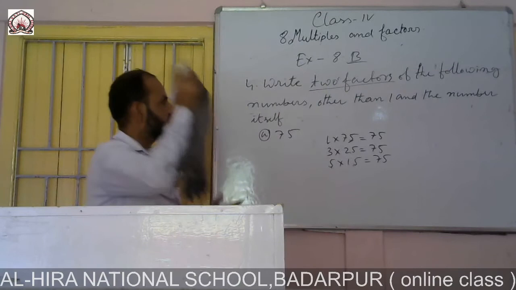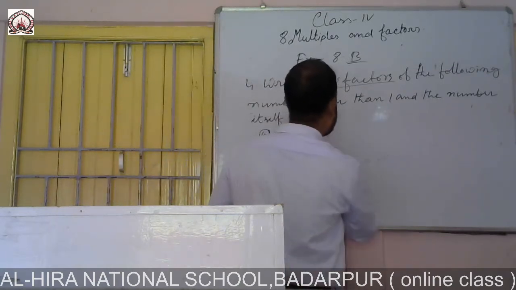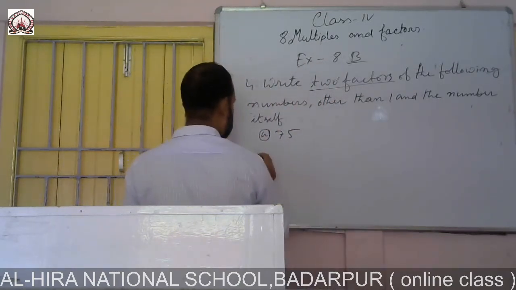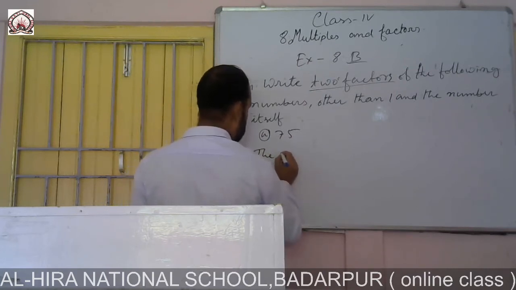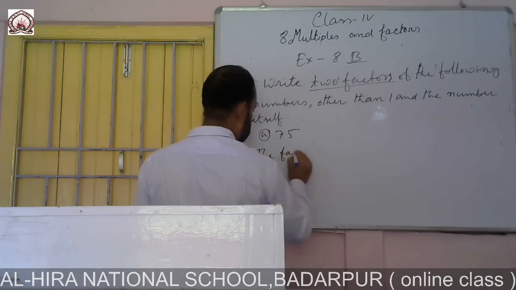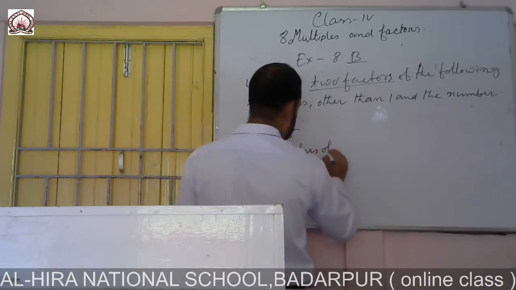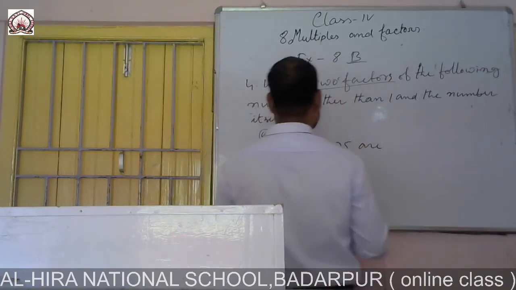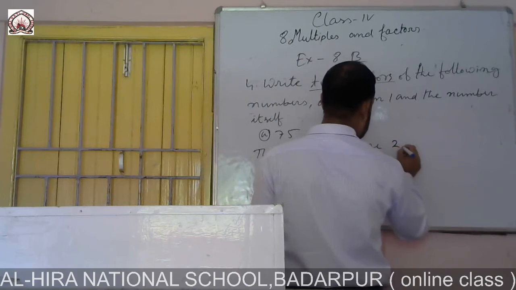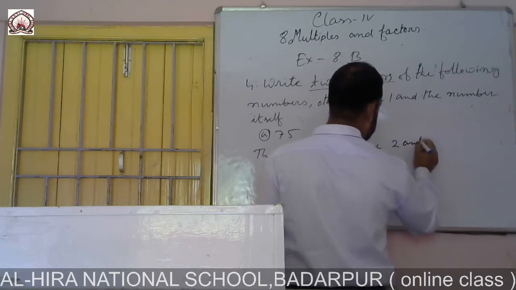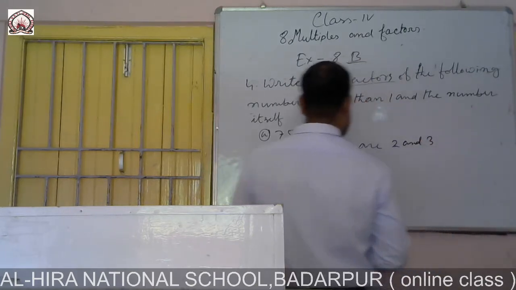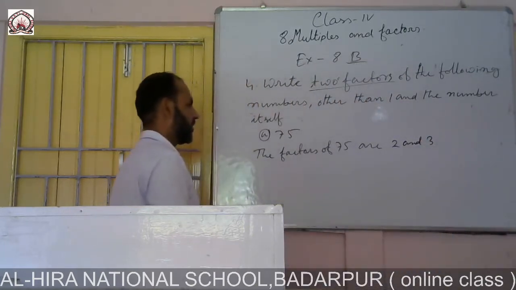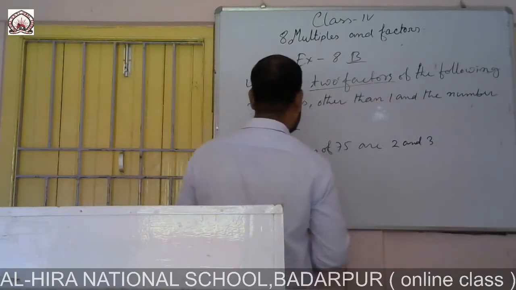The two factors of 75 are 3 and 5, or we can write 3 and 15, anything we can write, but they asked only for two, that's why we wrote two.